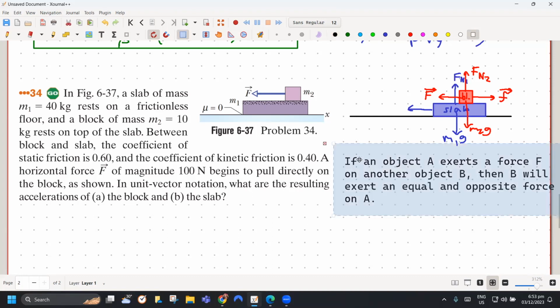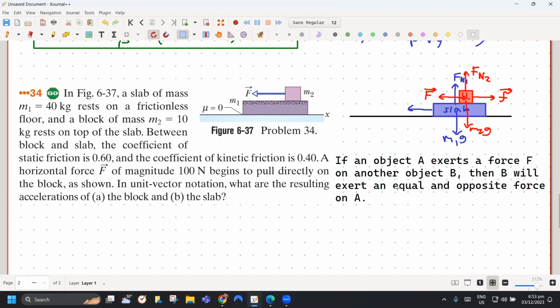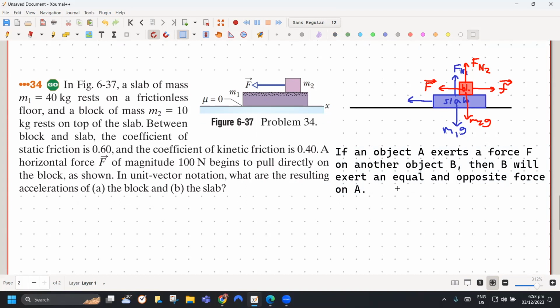Okay, ngayon, tingnan natin how that works for gravity. If an object A exerts a force, so ano yung object B muna? Object B is the block. Ito yung earth.